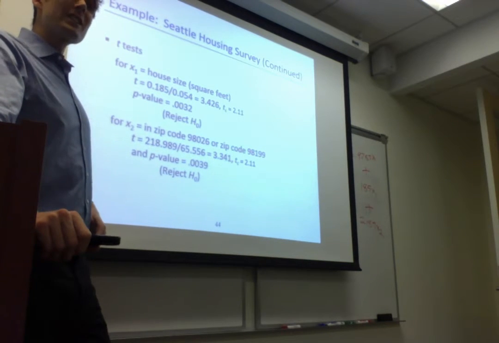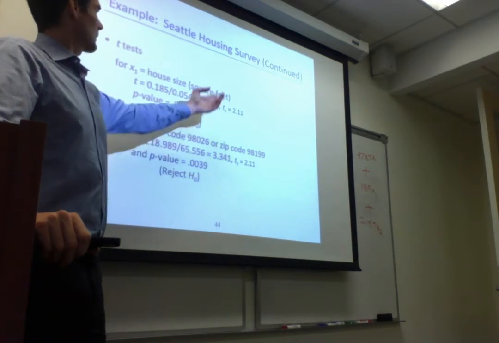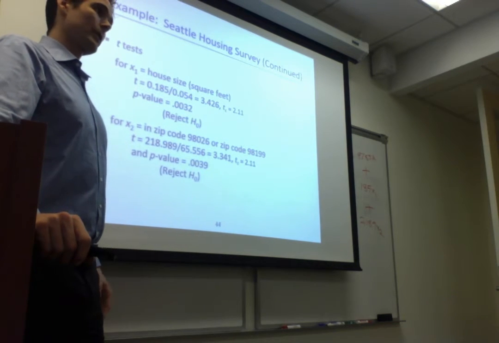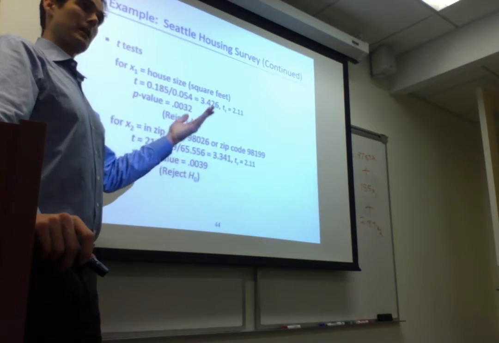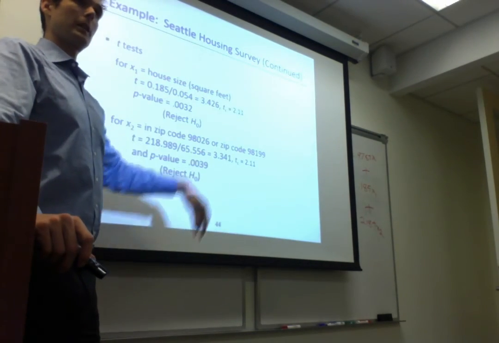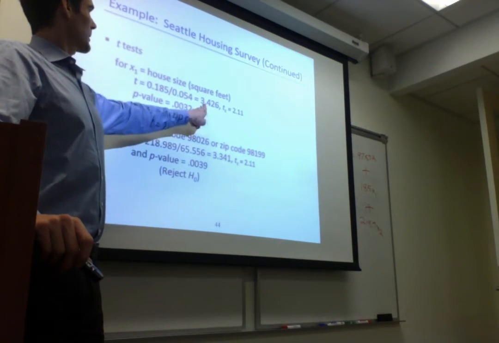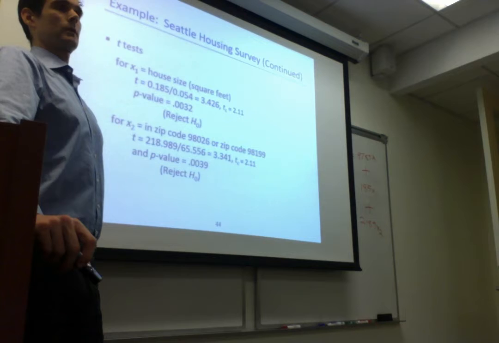If we were to look in our t table in the back of the book, for 95% confidence with degrees of freedom of n minus k minus 1, 17, we would get 2.11, just like we did in the last example. And we would say that this particular value is also significant.